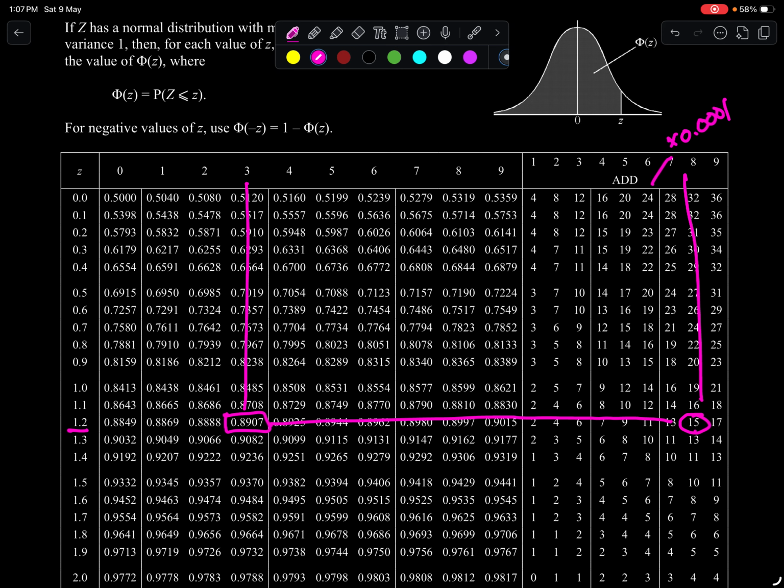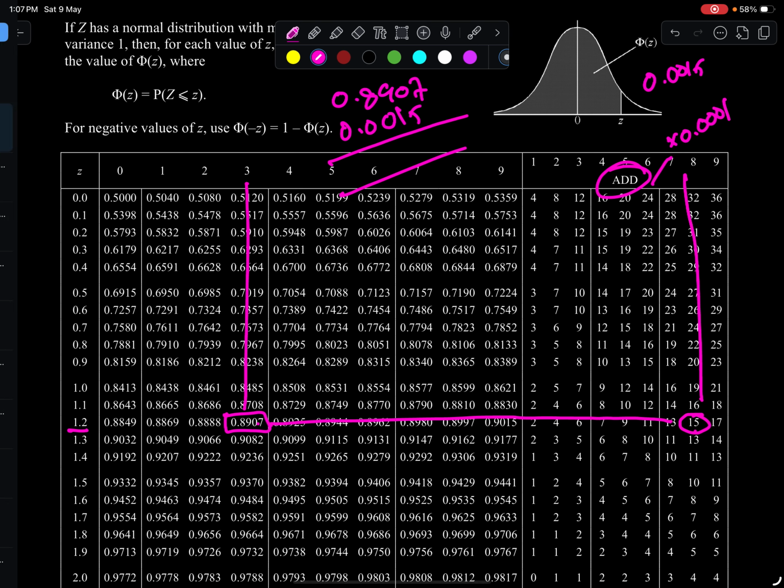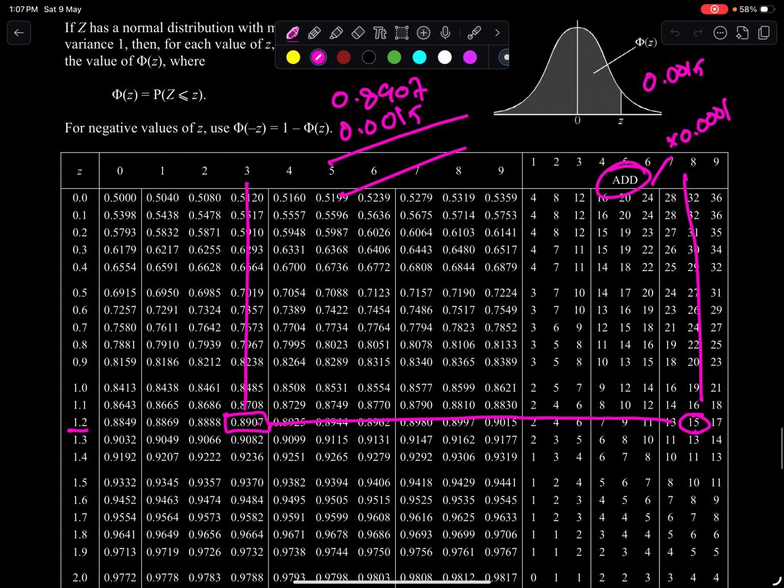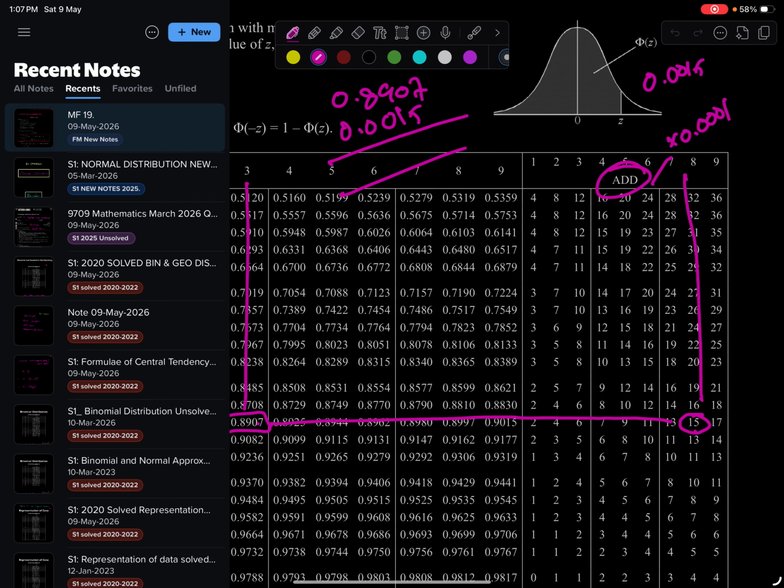So this will become 0.0015, okay? Now add, so 0.8907 plus 0.0015. This will give you the phi. This is the way to find phi from the table. So 0.594. Let me check this again. What was the number?